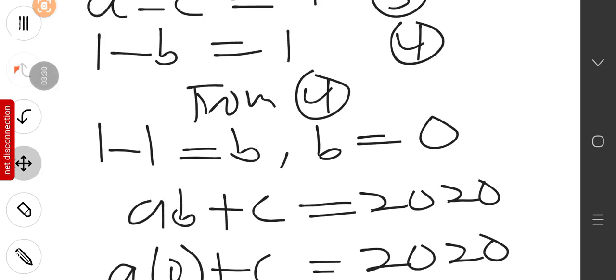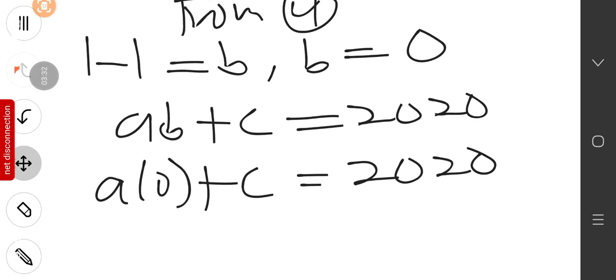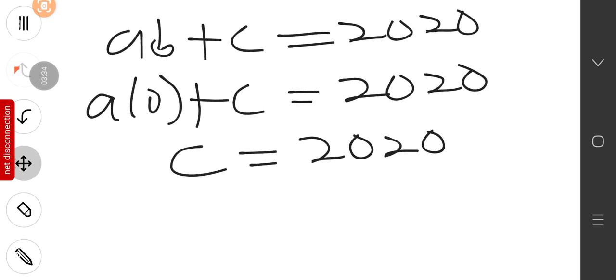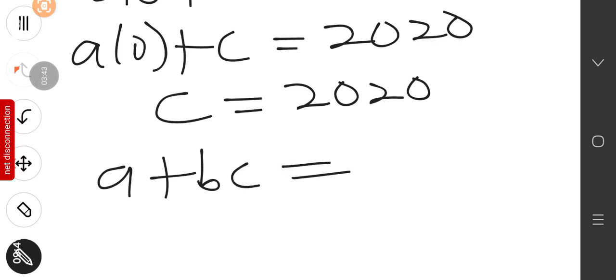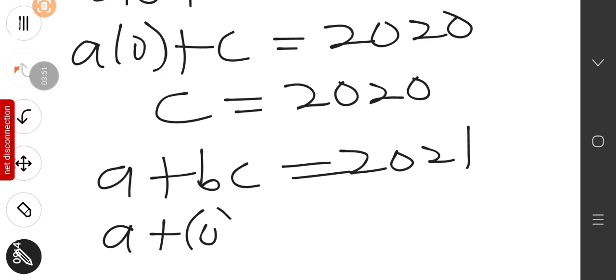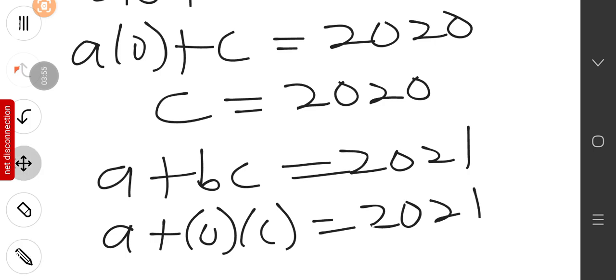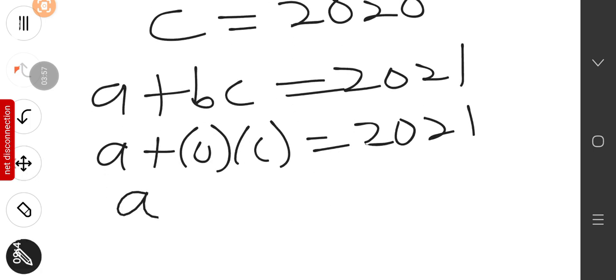Let's put B equals 0 into equation 2. From equation 2, A plus BC equals 2021. When B equals 0, you have A plus 0 times C equals 2021, so A equals 2021.